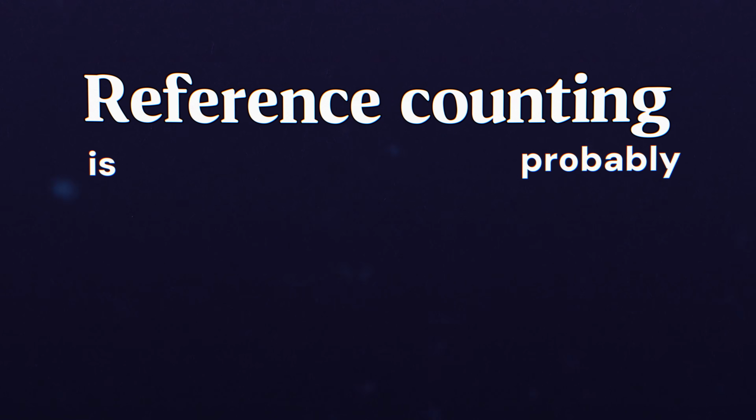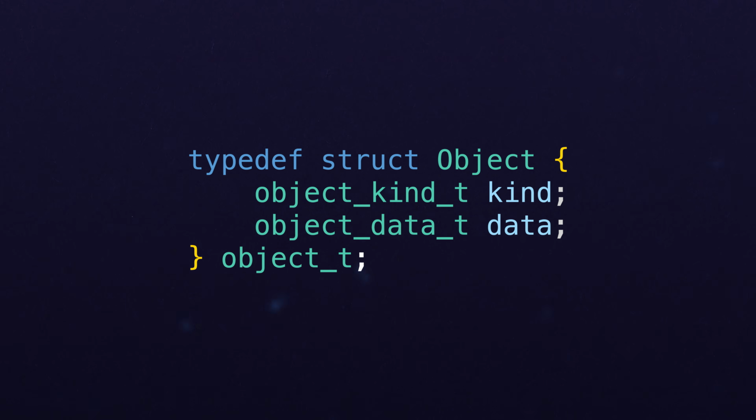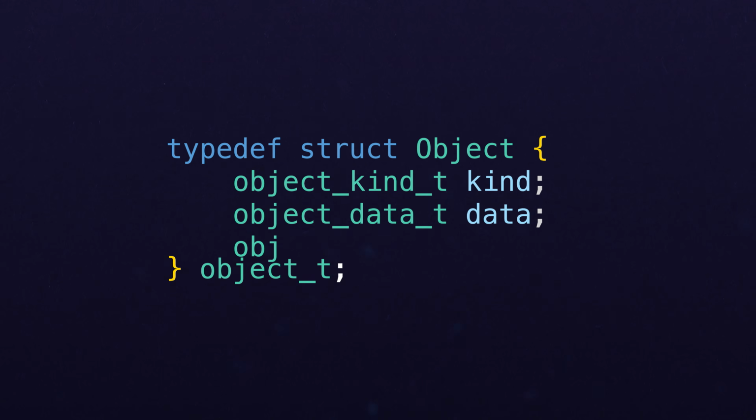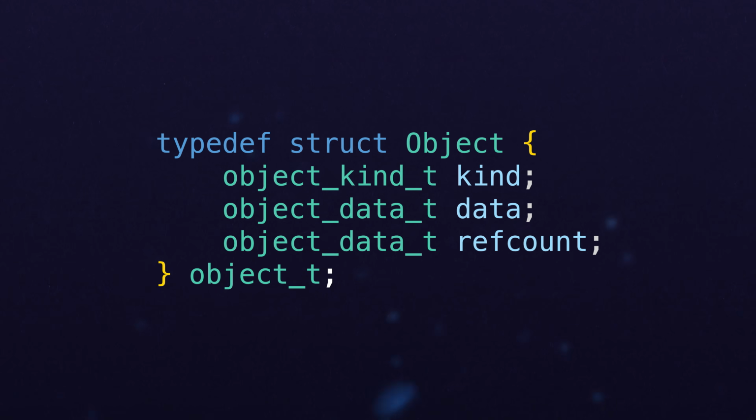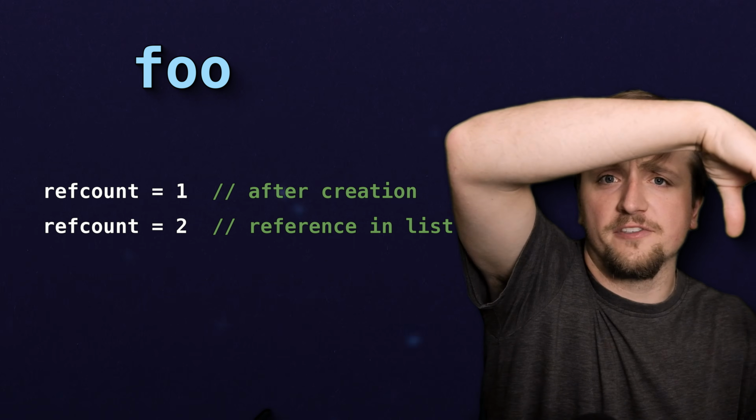Reference counting is probably the simplest version of garbage collection. What it is, is that every object has an additional field that is its count. And when you create the object or some other variable references the object, consider something like a list. If I have a variable foo and I put it inside of a list, okay, well now the reference count for foo might be 2 because it's one for itself and then one for this list.